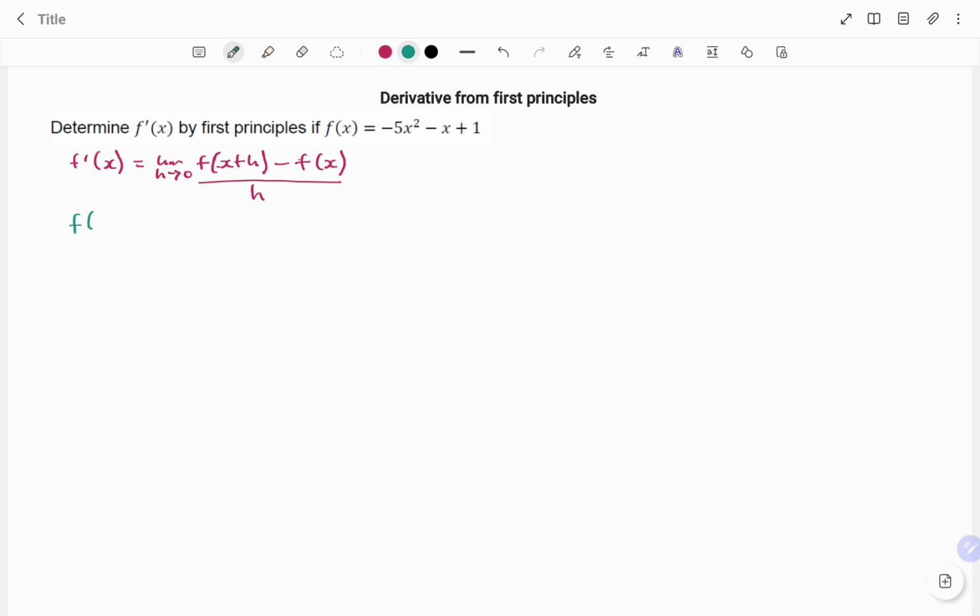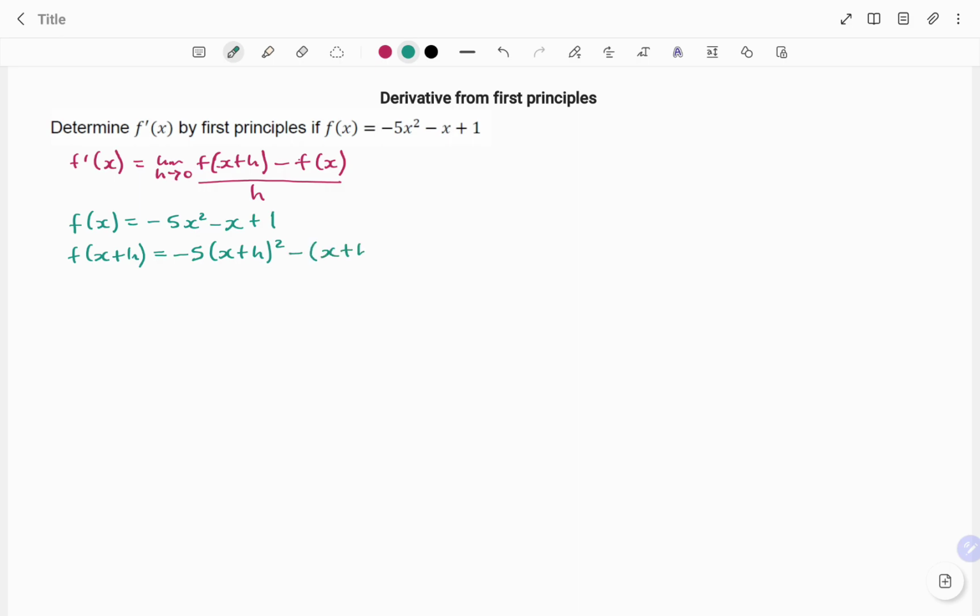We've been given f of x from the question to be minus 5x squared minus x plus 1. We have f of x plus h. Every occurrence of x, I add h, so that will give us minus 5 bracket x plus h, close bracket, all squared, minus our x becomes x plus h.